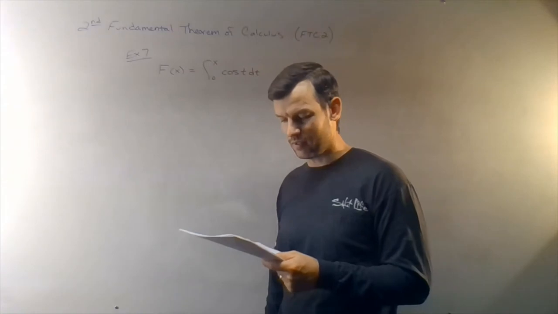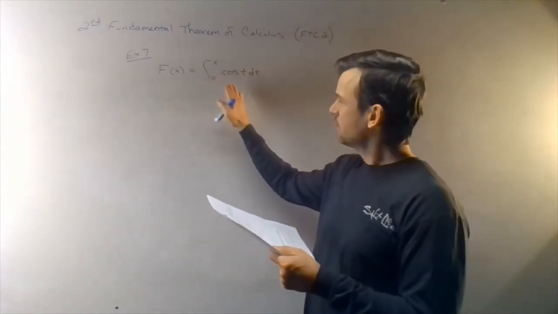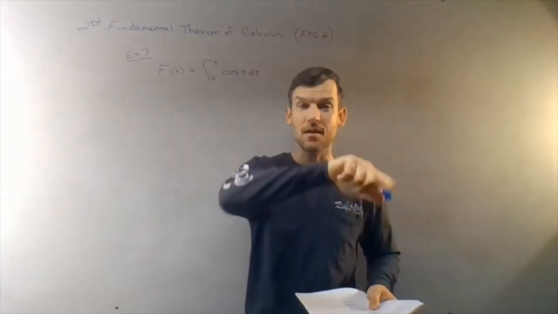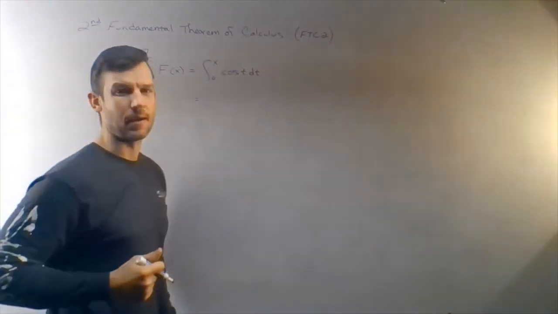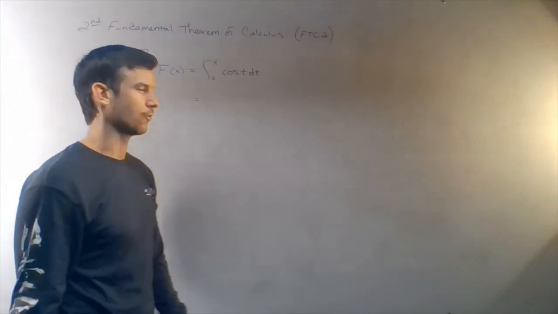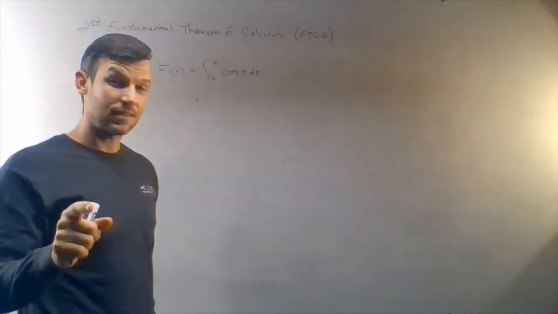So in example 7, it says evaluate f of x when it's equal to this integral from 0 to x of cosine of t dt. Then find the derivative, okay? So when we integrate, and it's a definite integral, we are going from 0 to some x value. Well, the antiderivative of cosine is sine.